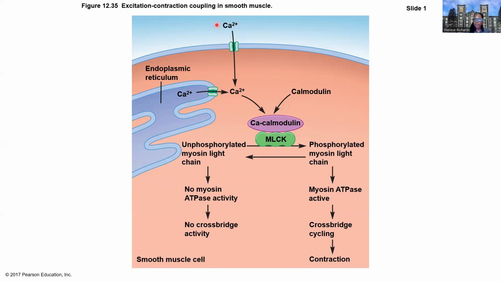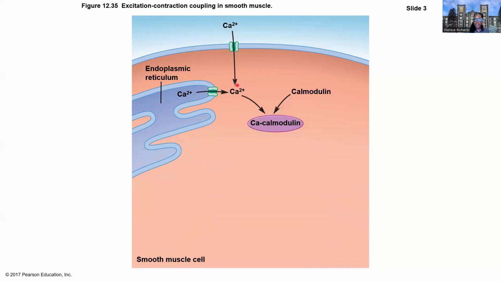So calcium coming from the extracellular fluid, mainly, when it comes into the cell, it triggers more calcium release from the SR. So calcium-induced calcium release. From there, it's going to bind to calmodulin, and it's going to make the calcium-calmodulin complex.